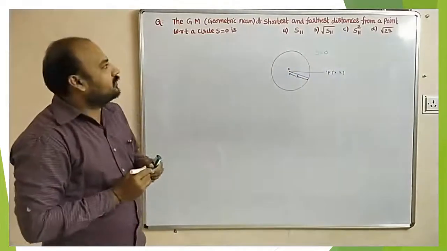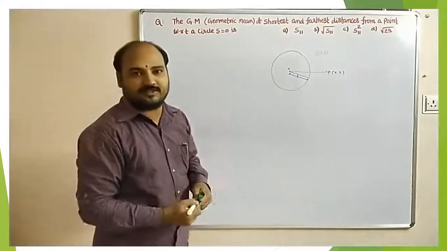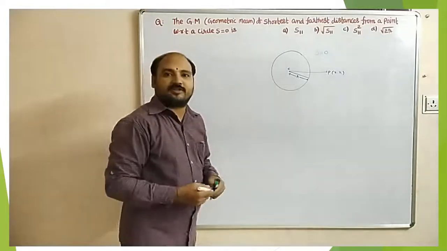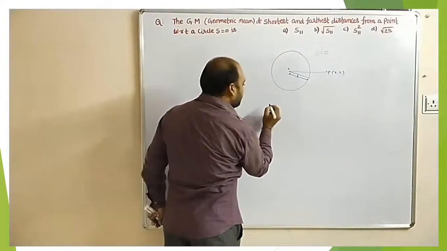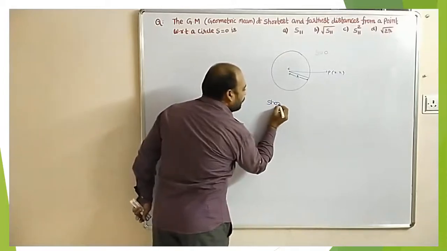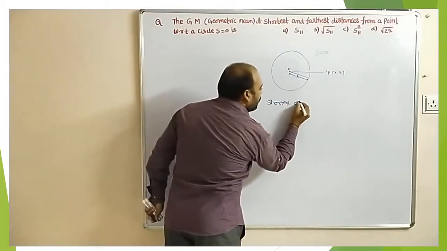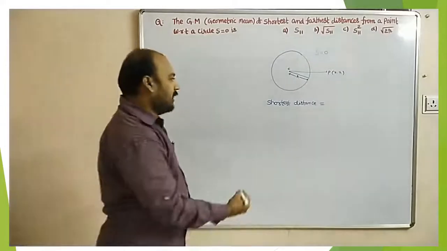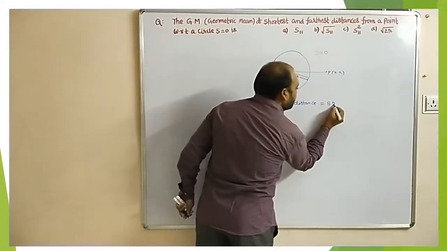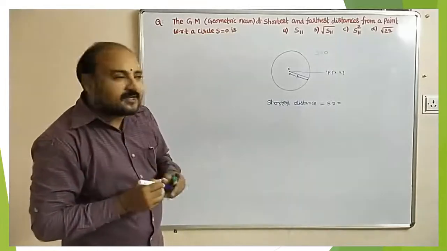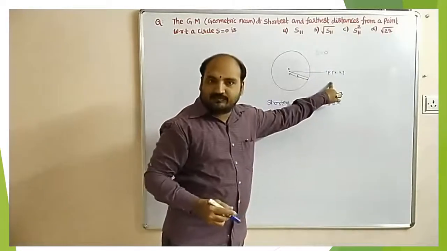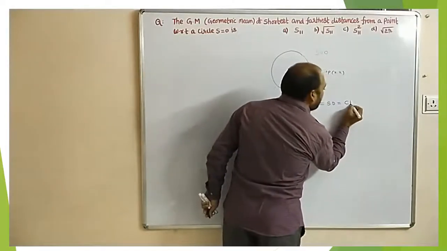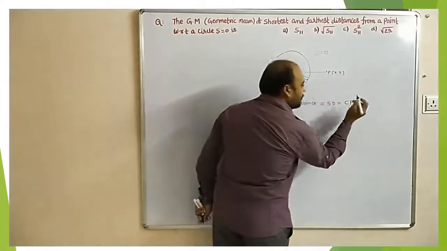Shortest distance is equal to the distance from the center of the circle to the point minus the radius of the circle. So CP minus R, where R is the radius of the circle.